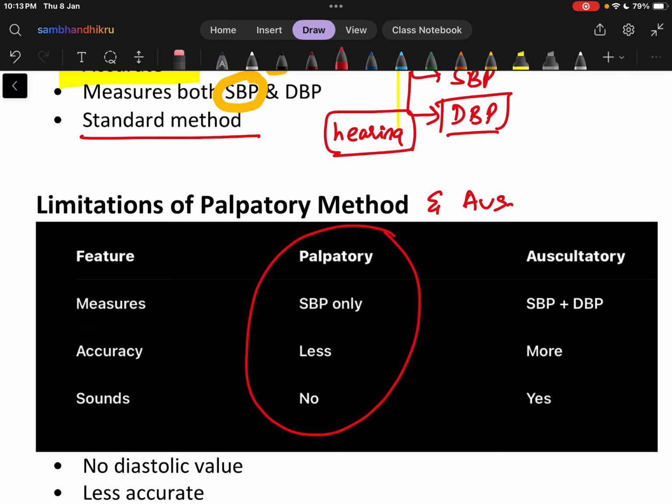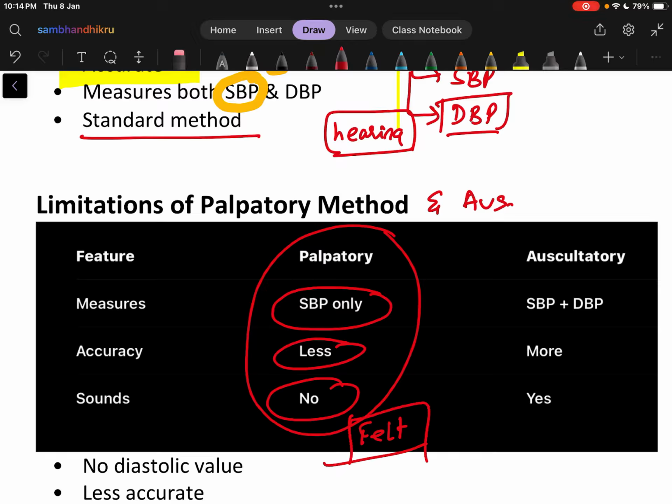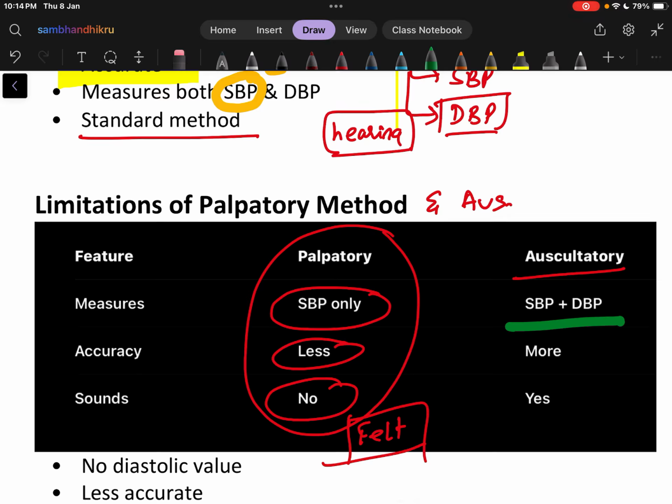Palpatory means this one you should look for. It measures only the SBP, and accuracy is very low in the palpatory method, and sound will not be heard, it will only be felt, isn't it? Yes. For the auscultatory method you can look for the SBP plus DBP, and it is more accurate, and the sound will be heard, that is the disappearance and reappearance of the sound.